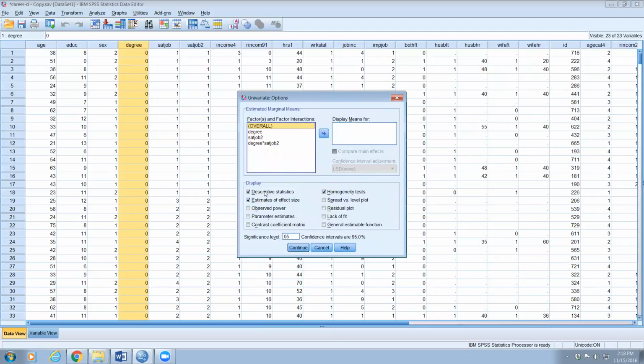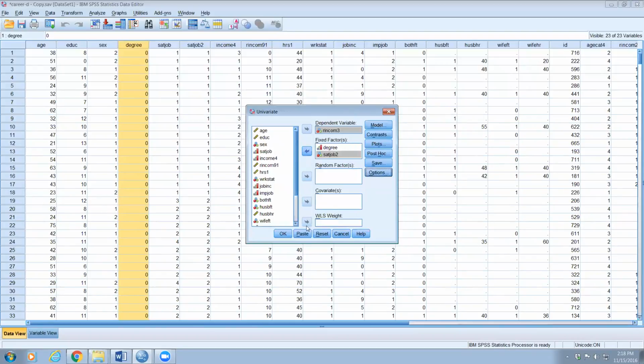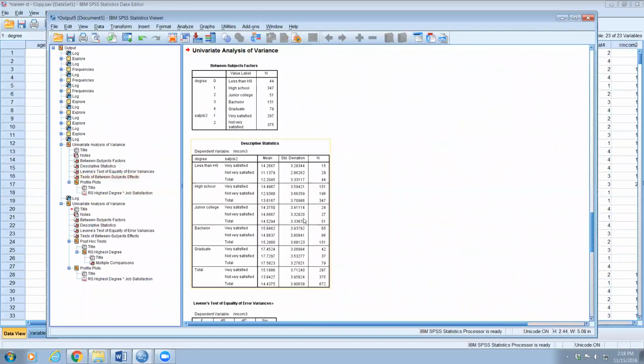Options, I would like to have descriptive statistics already checked here, estimates of effect size already checked here, and homogeneity test, which is already checked here. Okay, so I'm going to continue here and say okay.